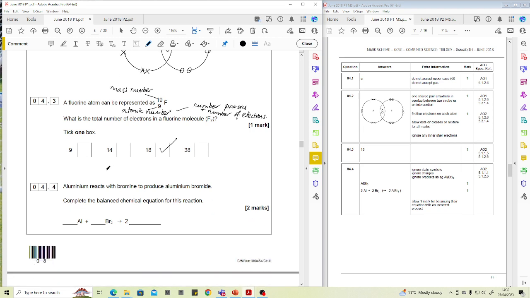Aluminium reacts with bromine to produce aluminium bromide. Complete the balanced chemical equation for this reaction. So aluminium's in group 3, bromine's in group 7. So it forms Br minus and Al3 plus.